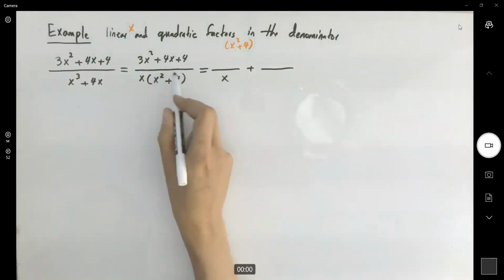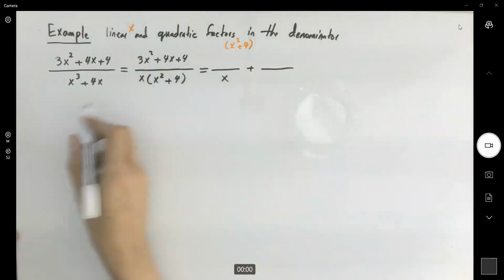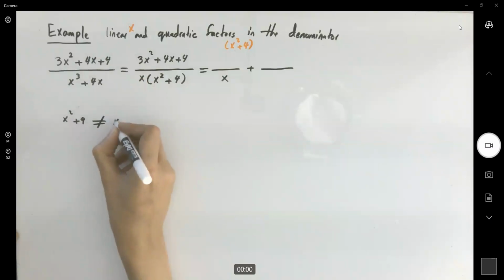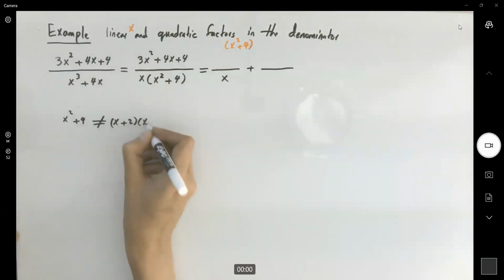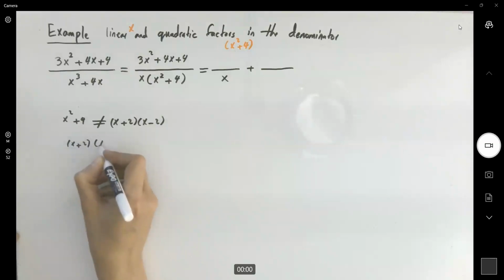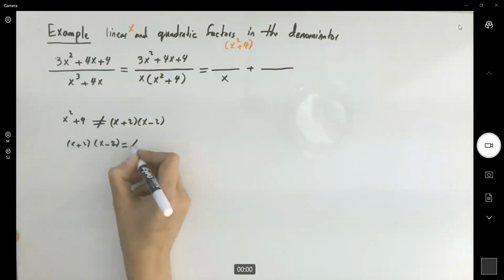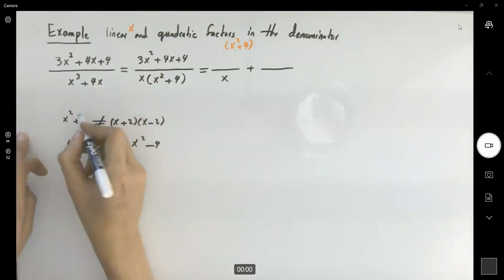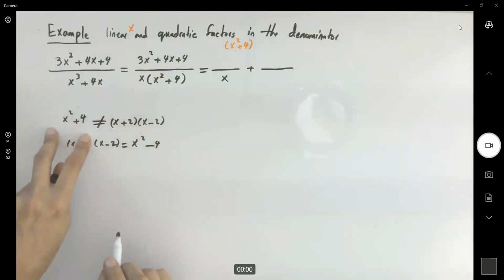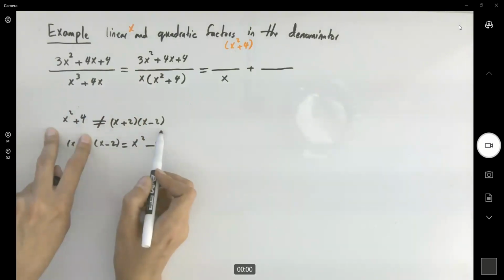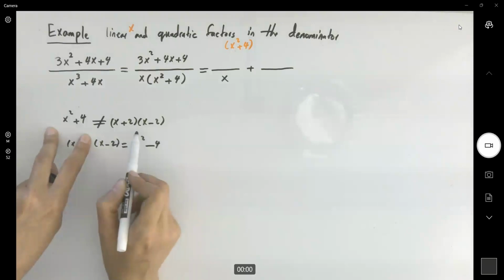You cannot factor out this quadratic expression. Guys, x squared plus 4 is not x plus 2 times x minus 2. X plus 2 times x minus 2 is x squared minus 4. These two are different from each other. Here you have x squared plus 4, which is not x plus 2 times x minus 2. This is a mistake.